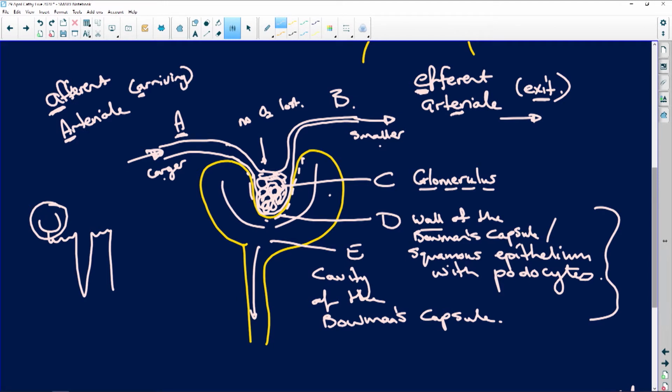All right, so what happens now? Let's look at our questions. It says label parts A, B, C, D. So we've got A, afferent arteriole, B, efferent arteriole, C is the glomerulus, D is either the wall of the Bowman's capsule, and then you can say which contains squamous epithelium with podocytes, and then you cover both bases, and E is the Bowman's capsule.